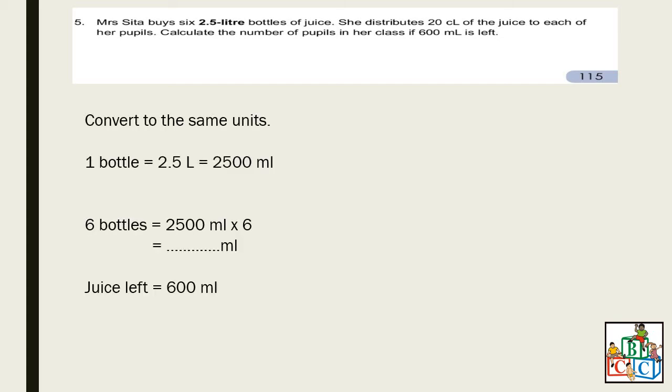Here you have different units of capacity. What you have to do, you have to convert all the units to the same. You have to convert liter, centiliter, and milliliter to the same unit. So for me, I have converted all the units to milliliters.